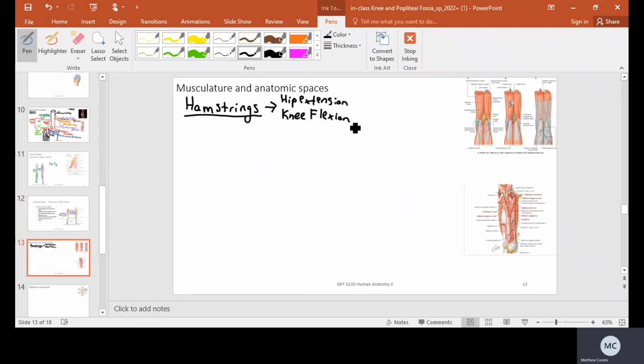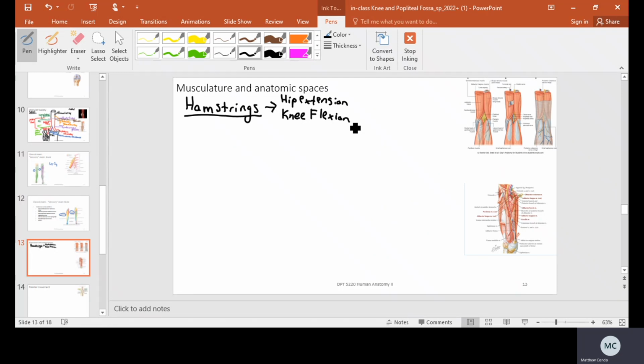So what do we think? We're going from stand to sit. Are my hamstrings driving that motion? What's driving that motion? Gravity's driving that motion. What direction does gravity go? Down.